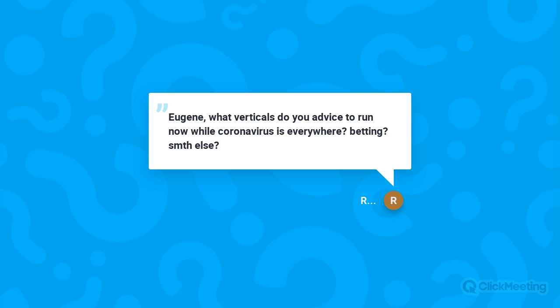But there are lots of verticals to try. I think binary options are still really huge right now. I think casino type of offers work. There are problems with many types of offers, like nutra, in many countries because of coronavirus.